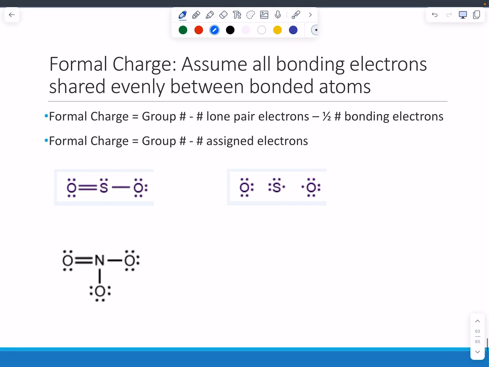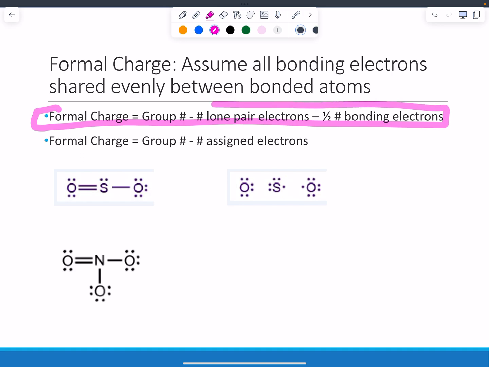So this gives you a much better view of the formula for calculating formal charge. And we can summarize lone pair and bonding electrons by calling them the quote-unquote assigned electrons. So let's do the formal charges on our sulfur dioxide there.